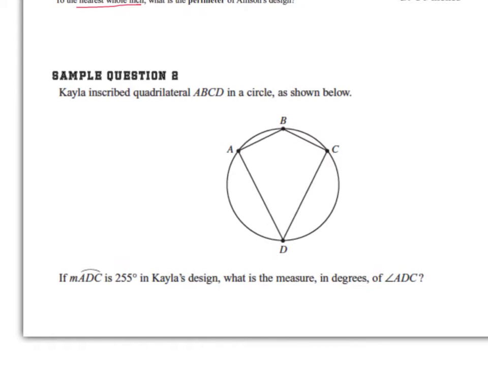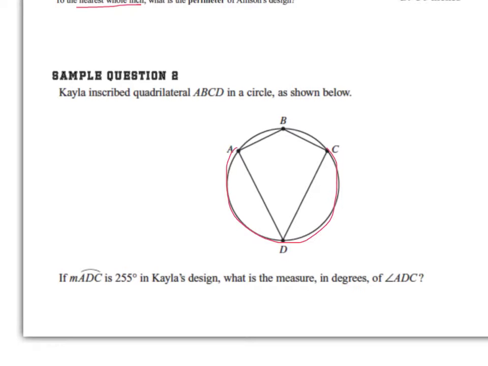Okay, for sample question number 2, we are going to look at intercepted arcs, and remember the angle is half of the intercepted arc. So the measure of arc ADC is equal to 255.